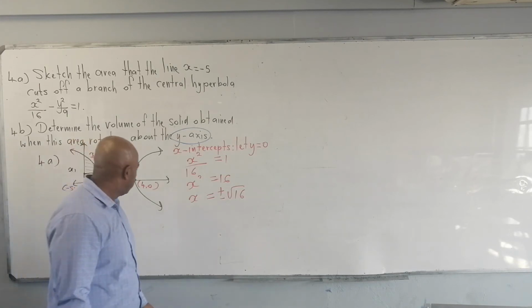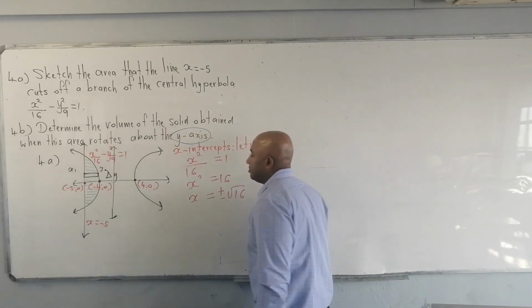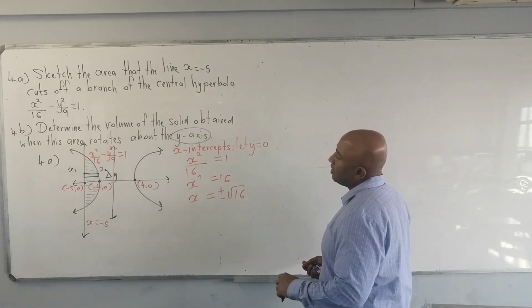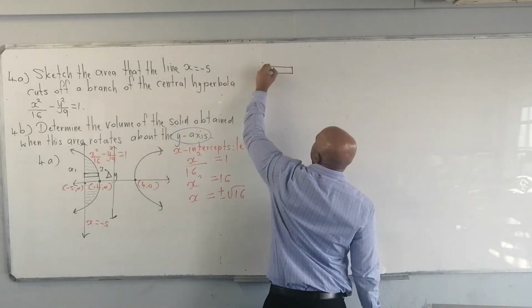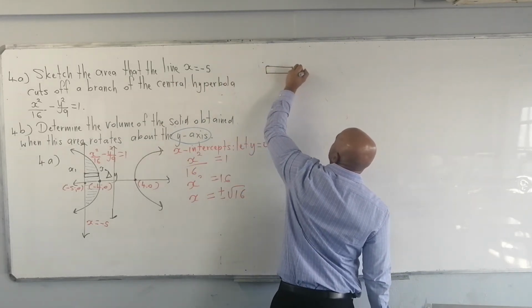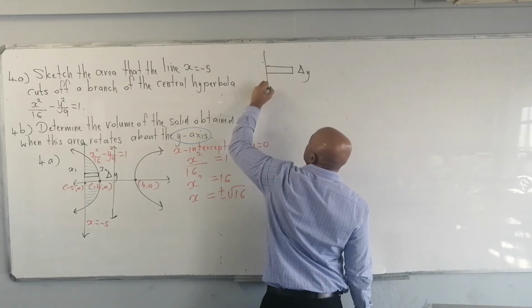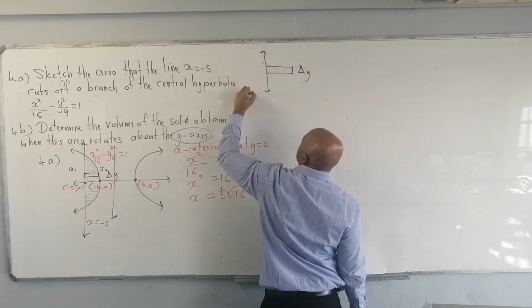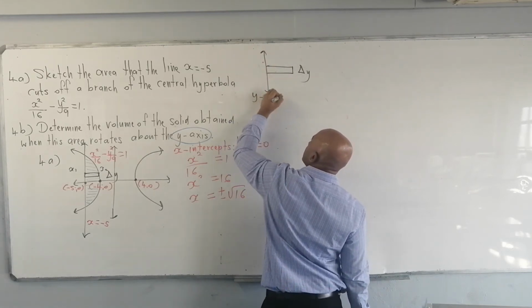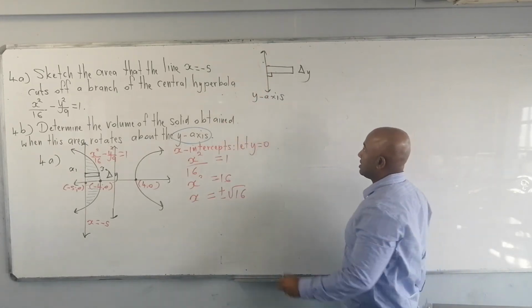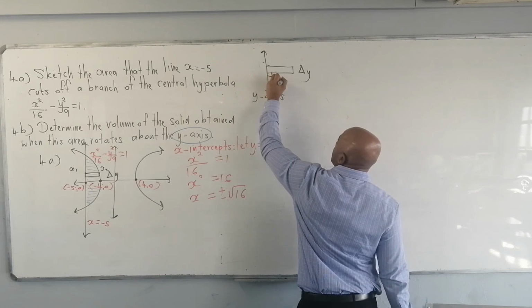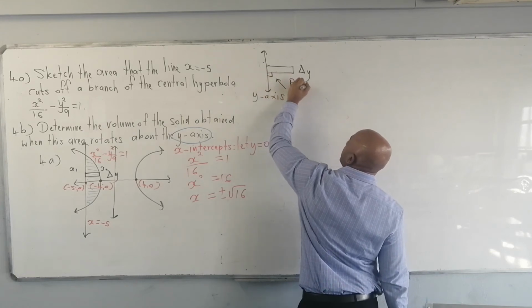Right, now, a volume, what do we know now? That delta y, and here's the y-axis. It is perpendicular to the y-axis. So you can see that. This means perpendicular.